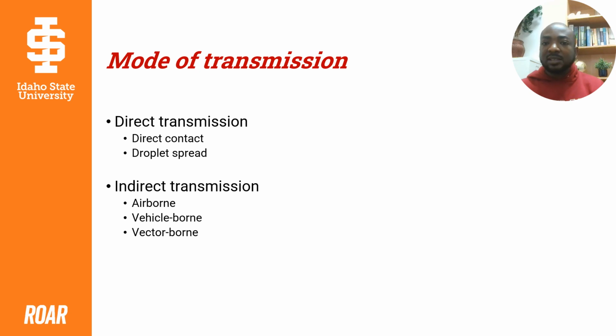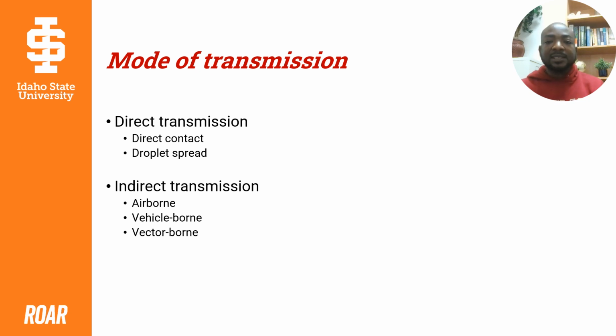Thus, infectious mononucleosis, also known as kissing disease, and gonorrhea are spread from person to person by direct contact. Hookworm is spread by direct contact with contaminated soil. Droplet spread refers to spread with relatively large, short-range aerosols produced by sneezing, coughing, or even talking.